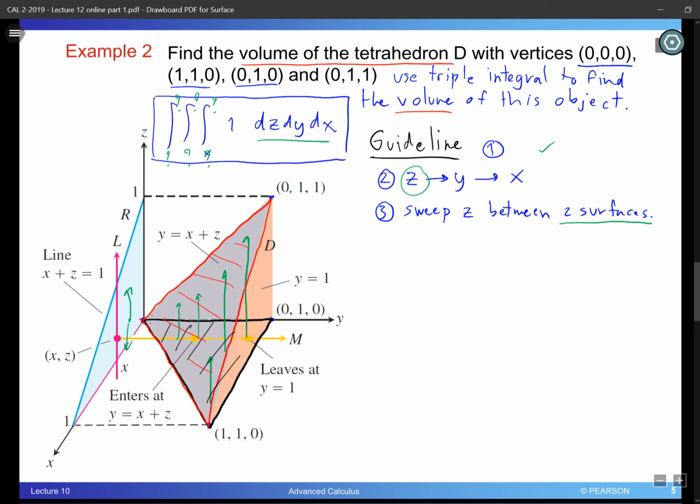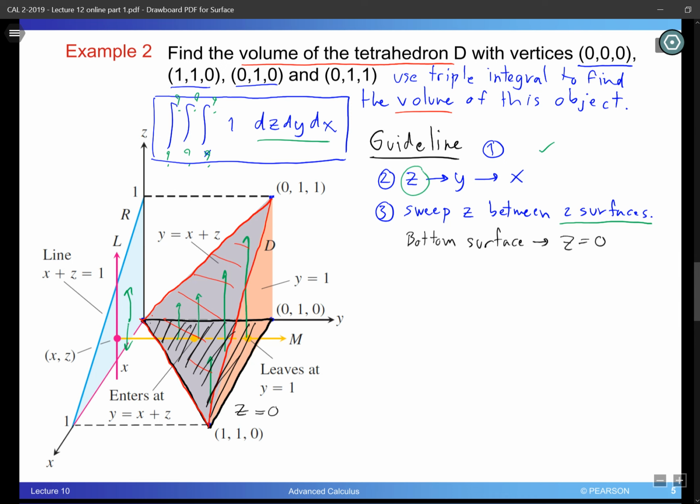Okay, so let's define that. Bottom surface: we need to translate this into an equation. Let's take a look at this bottom surface in terms of z. As you can see, this is on the xy plane, so z equals 0. So the bottom surface translated into an equation is z equal to 0.